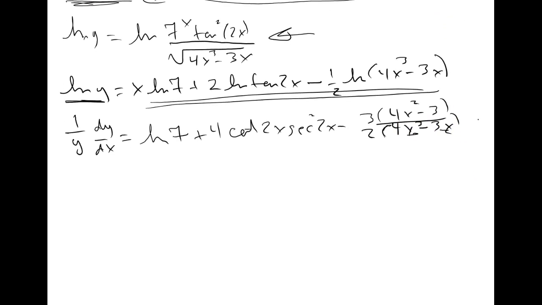We need to solve for dy/dx. So all you have to do is multiply both sides by y. So our derivative, dy/dx, is simply going to be y times all this.